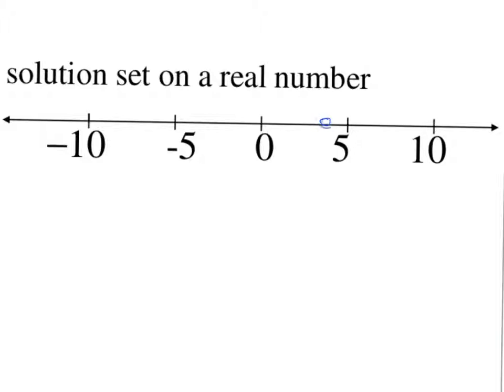I'm going to estimate that 4 is right here, and negative 3 is right here. Now I've separated my number line into 3 intervals, and I'm going to pick anything in between these boundary points to test.